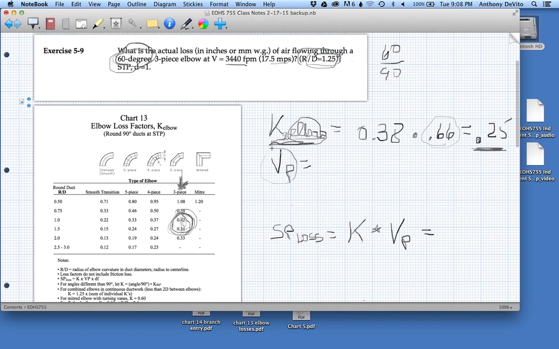So now what's my velocity pressure? Well, my velocity is equal to 3440 feet per minute. Now I'm not interested in my velocity, I'm interested in my velocity pressure. So what's my velocity pressure equal to?